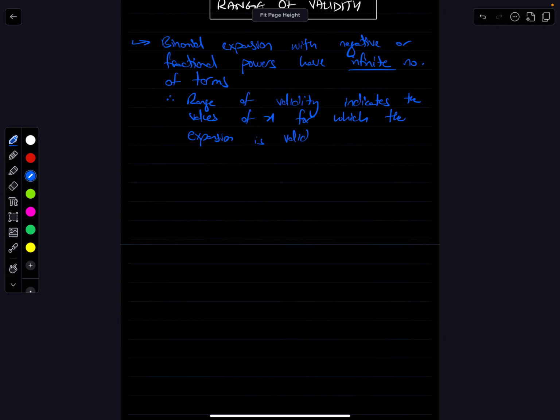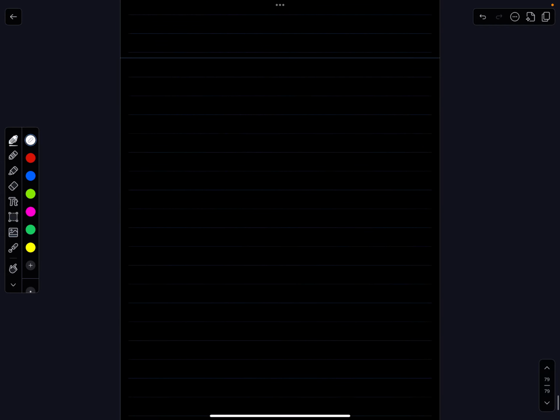Let's say, for example, I have something like (a + bx)^n. In this case, the range of validity would be something like this. I have a here and minus a here, and then I just divide everything by b, and this is the range of validity for x.